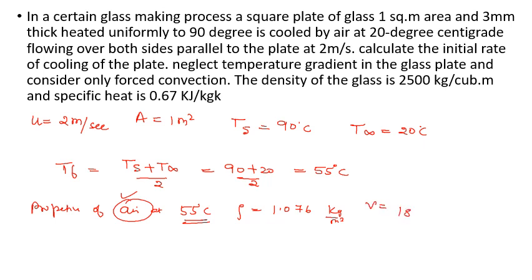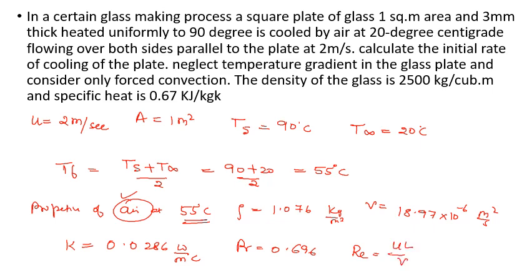Viscosity is 18.97 into 10 to the power minus 6 meter square per second, K value is 0.0286 watt per meter degree centigrade, and Prandtl number is equal to 0.696.